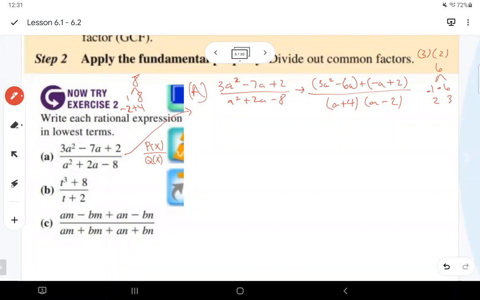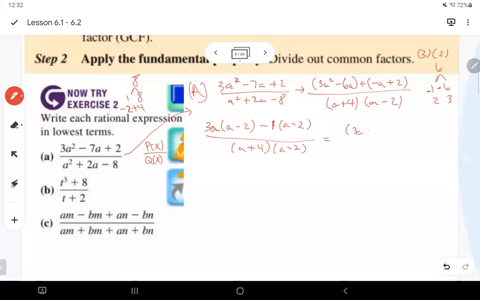And then we're just going to finalize the top. So we're going to pull out a 3a, have a minus 2 inside. Pull out a 1, a minus 2 inside. A plus 4, a minus 2.